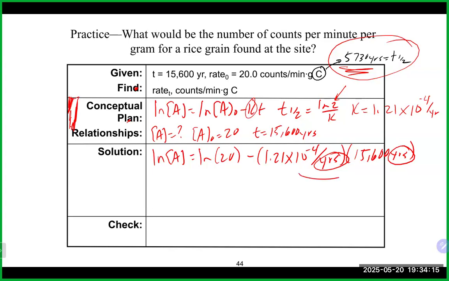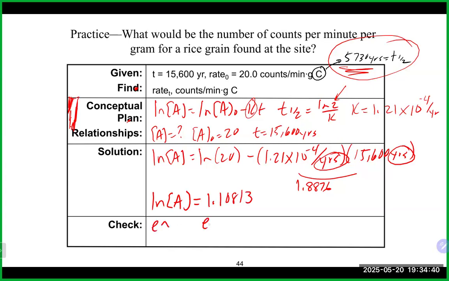So we don't have to do any type of changing. If we clean up this side here, times 15,600, it looks like 1.8876. So natural log of A would then be equal to the natural log of 20 minus that number, and that's going to give us 1.10813.